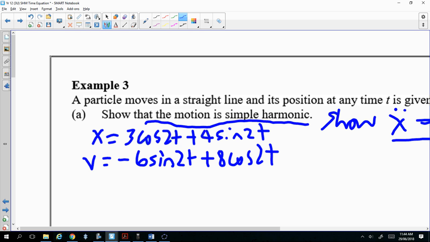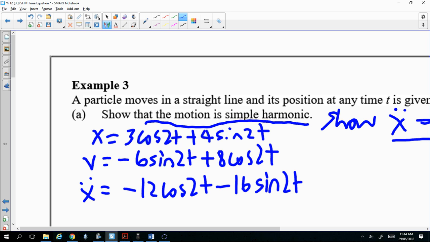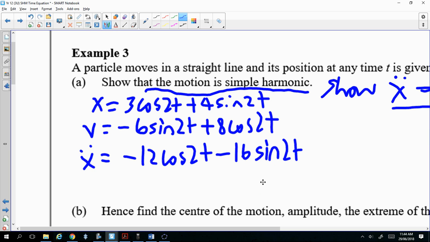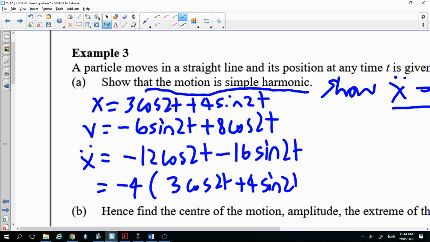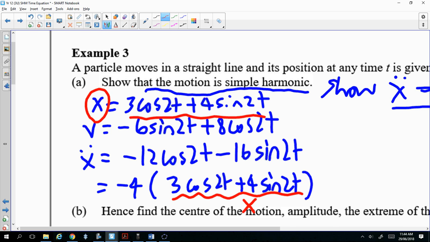You'll notice that you can always take out a common factor, which is negative 4 times (3 cos 2t plus 4 sine 2t). And this is exactly equal to x. So therefore, the acceleration is equal to negative 4x, where the center is at 0, because it doesn't have a minus c there, c is just 0.